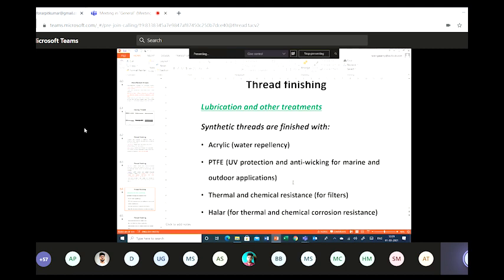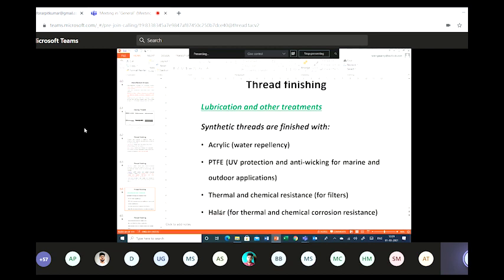And there are other finishes. A combination of thermal and chemical resistance for filters, which may be used to filter out particular chemicals. Sometimes at room temperature, sometimes at elevated temperatures. So there are special formulations available, especially for the protection against thermal and chemical.